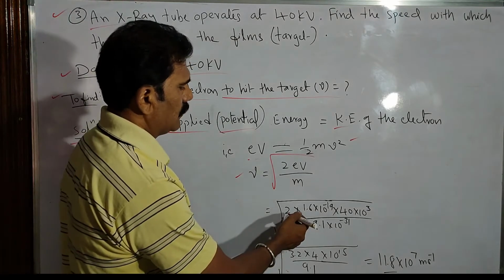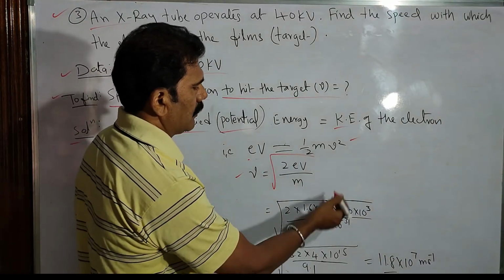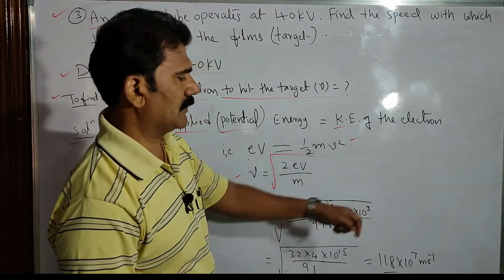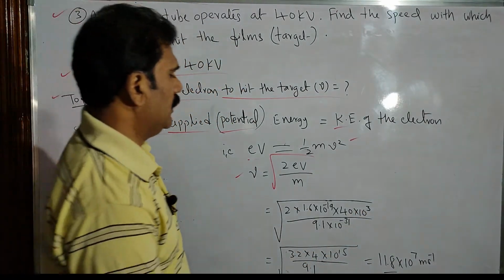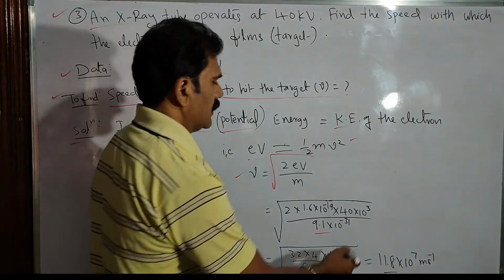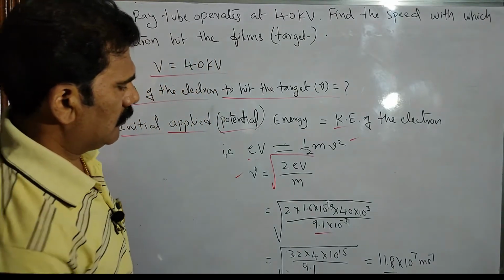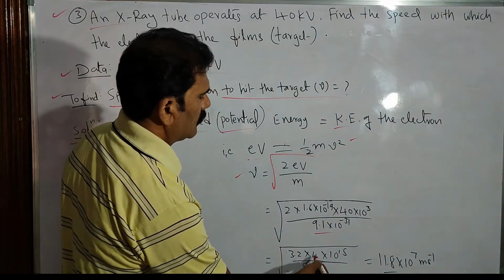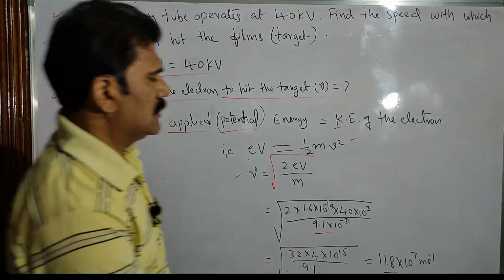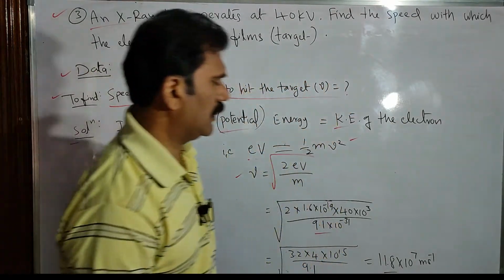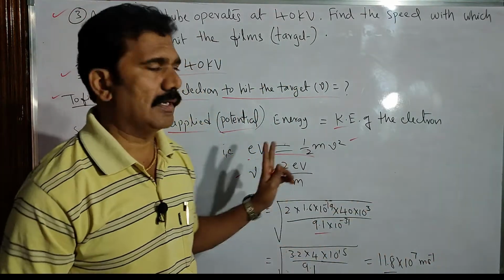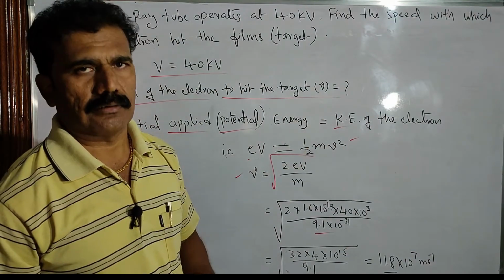Just substitute the values: 2 into e, 1.6 into 10 to the power of minus 19, and applied potential V equal to 40 into 10 to the power of 3, the 40 kilovolts, divided by m. m is the mass of the electron, 9.1 into 10 to the power of minus 31 kg. Simplified, it is square root of 3.2 into 4 into 10 to the power of 15 by 9.1. Simplifying the next step, finally you get the answer 11.8 into 10 to the power of 7 meter per second as the velocity of the accelerated electron.